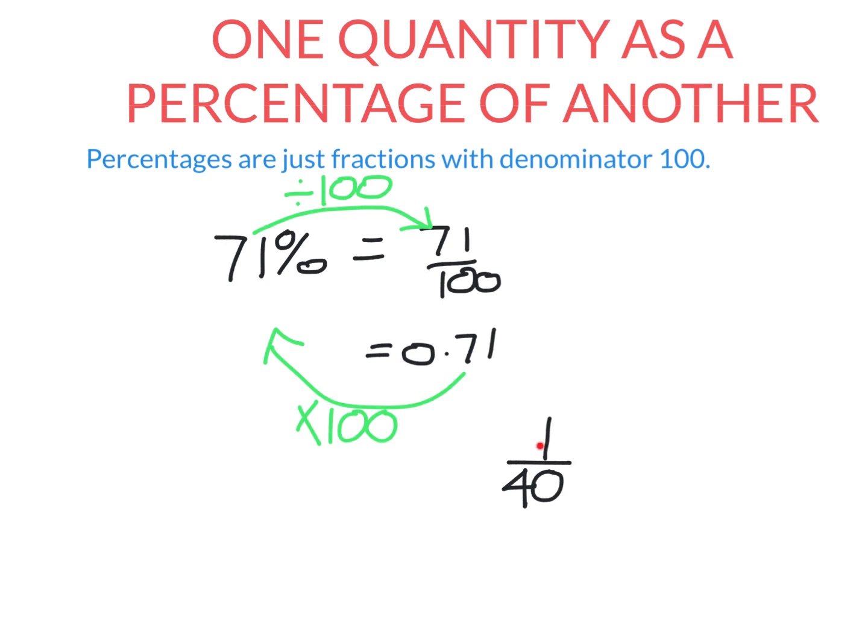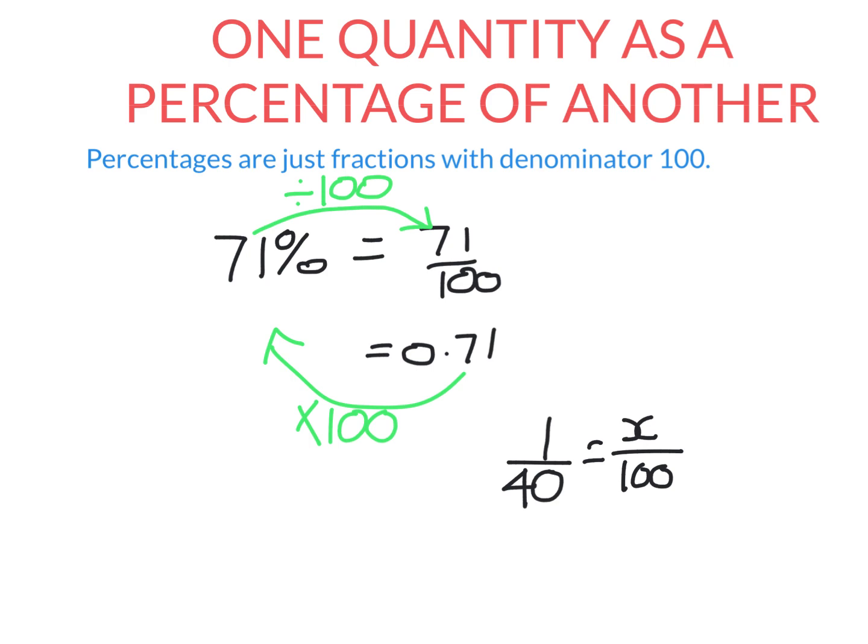So let's look at an example, 1 over 40, we're going to convert that to a percentage. So what that means is I want to make an equivalent fraction whose denominator is 100. So what am I going to put up here at the top? Well, to find the number that goes here, it's been divided by 100 to get 1 over 40. So if I want to get this by itself, I undo dividing by 100 by timesing by 100.